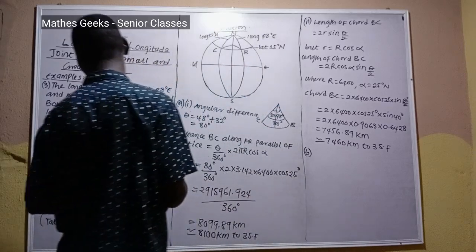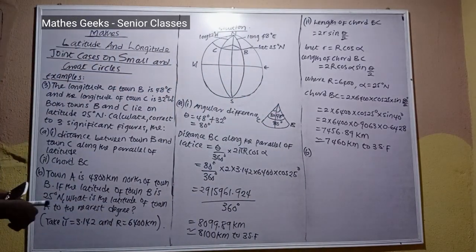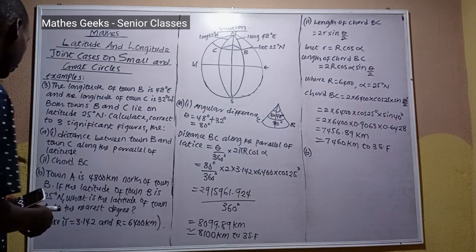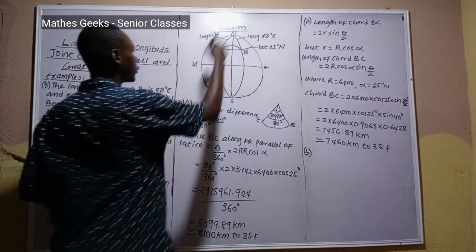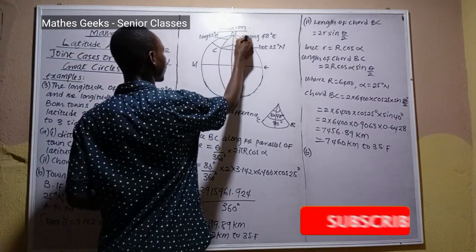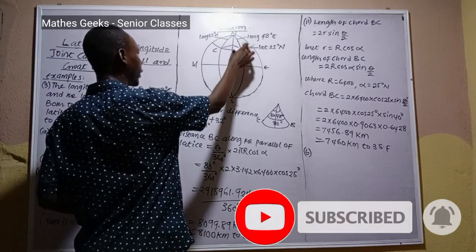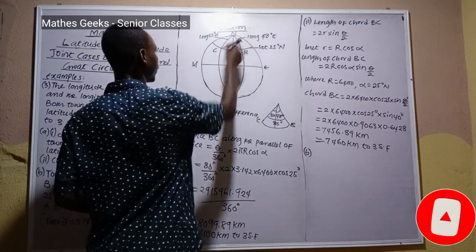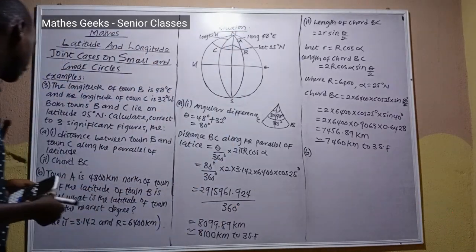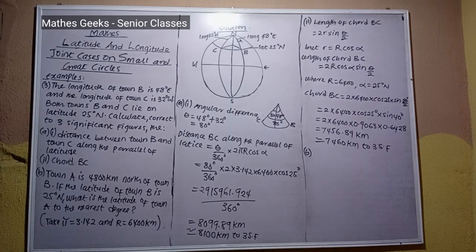B says town A is 4,800 kilometers north of town B. That is, town A is on the same line of longitude as town B. So this is town A, and the distance is 4,800 kilometers north of town B. If the latitude of town B is 25 degrees north, what is the latitude of town A to the nearest degree?